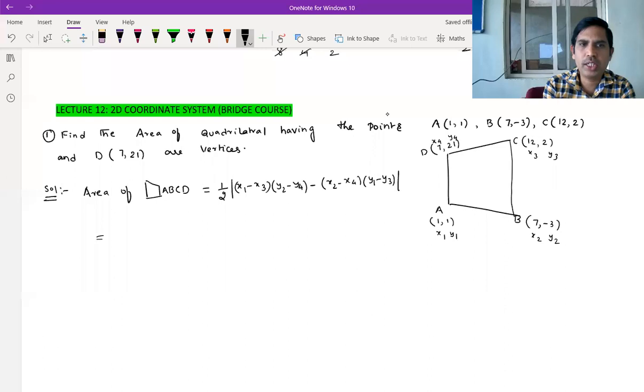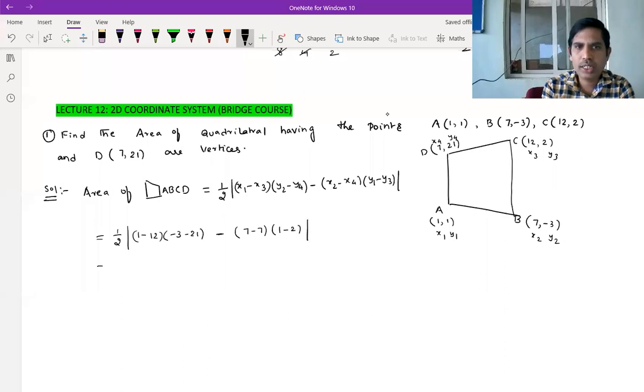Substituting in the formula, we get half modulus of (1 minus 12) bracket, again (y2 minus y4), that is minus 3 minus 21, minus (x2 minus x4), that is 7 minus 7, into (y1 minus y3), that is 1 minus.